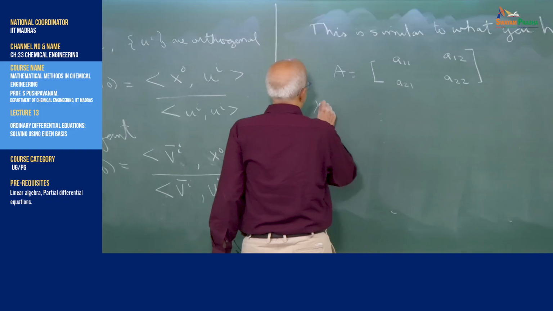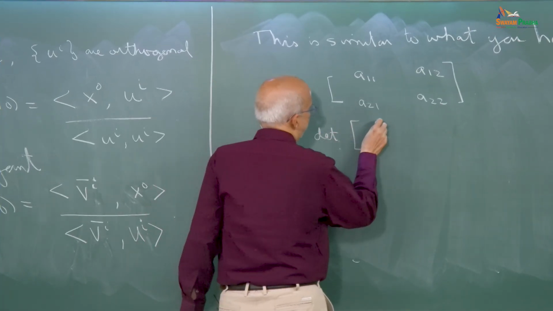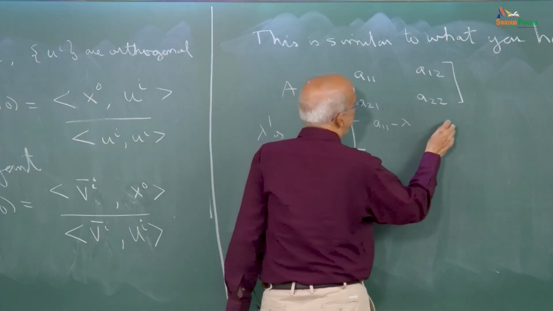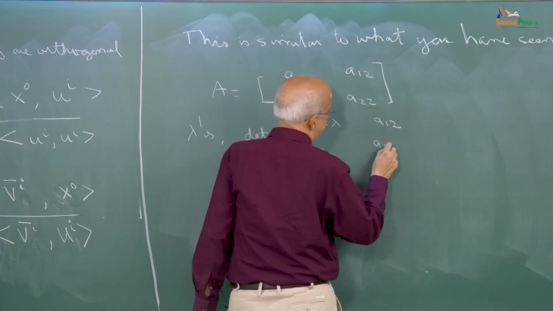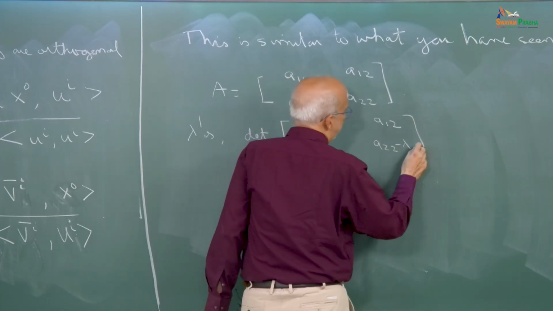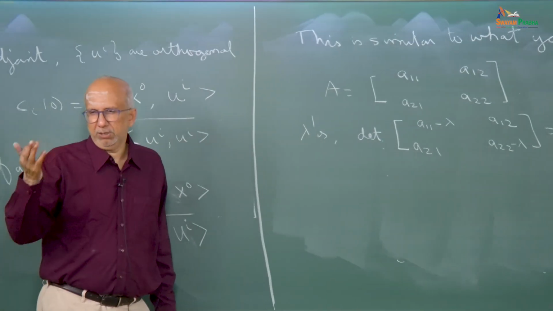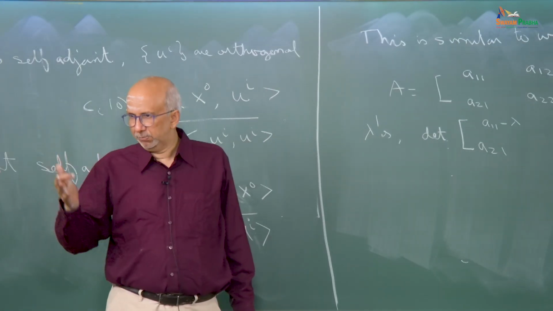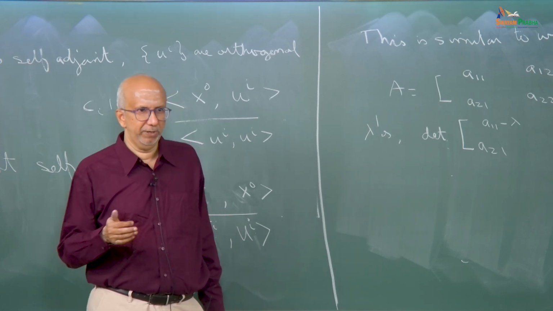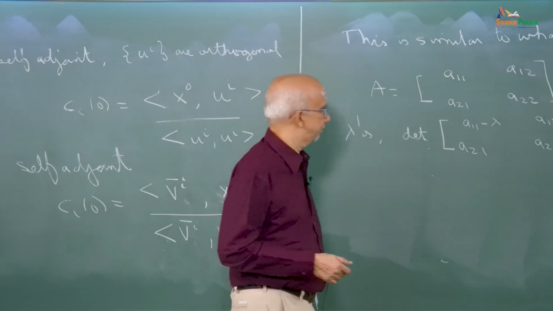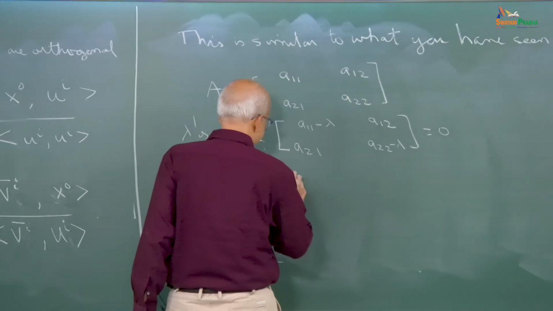The lambdas come from the determinant of A11 minus lambda, A12, A21, A22 minus lambda equal to 0. Earlier you did the problem when you actually had numbers, now I am just putting in terms of coefficients. It could be anything, it could be 1, 3, 4, 5, whatever. What is this? You can expand this.